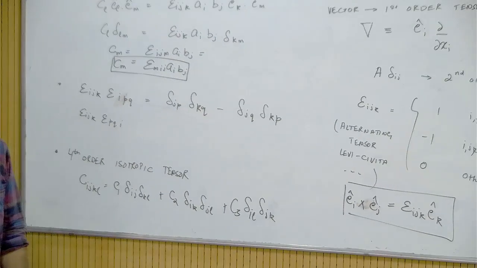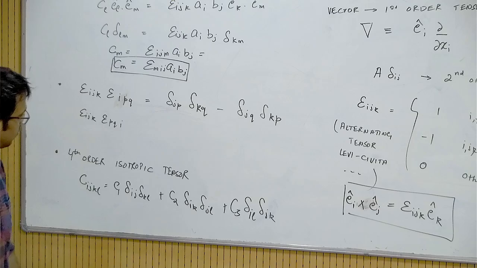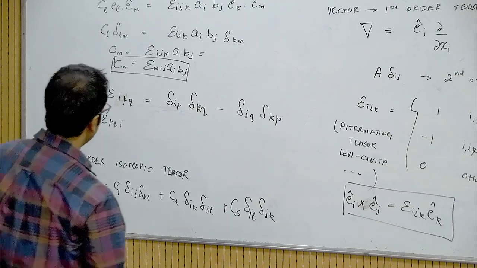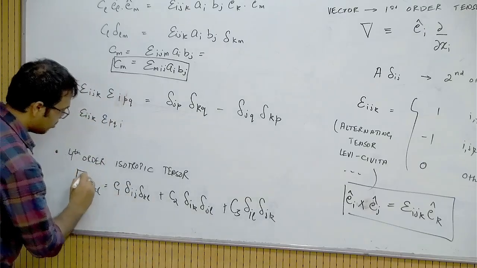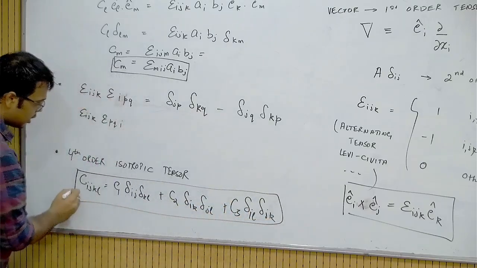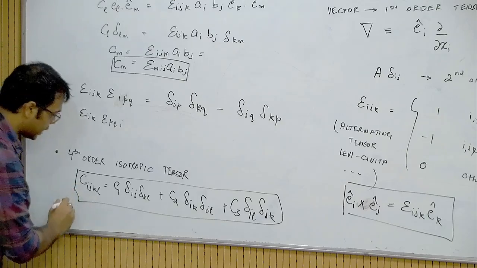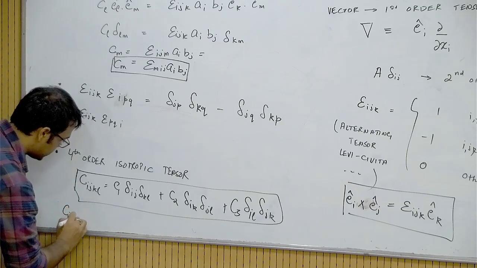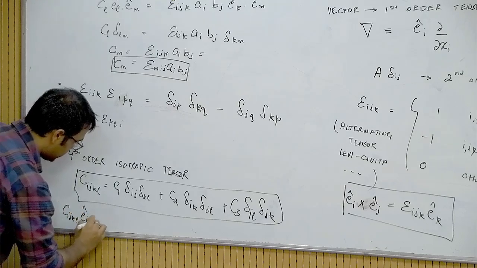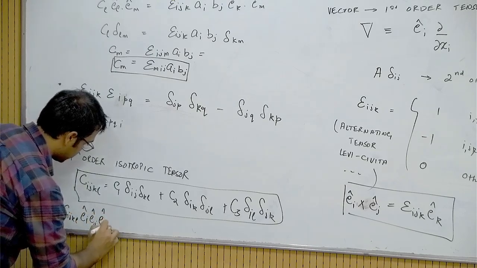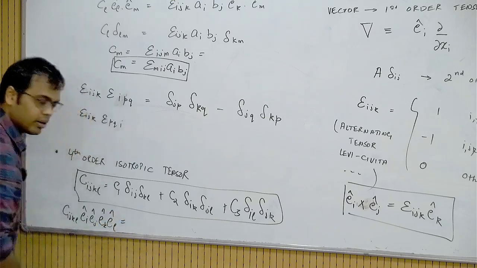Sorry, these are not tensor products, so I have written just the component of a tensor here. This is a component of a tensor. Technically, this will have to be C I j k l, E hat I, E hat j, E hat k, E hat l.